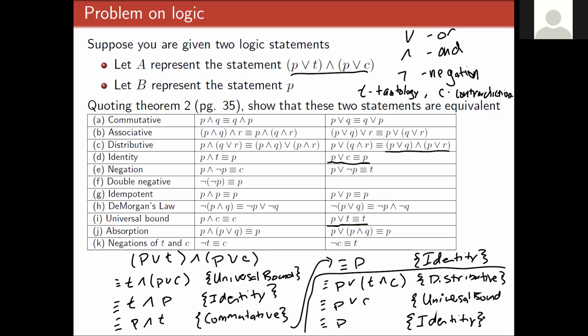So for a lot of these logic problems, there's definitely multiple ways that you can go about solving them. And this would be a perfectly valid way to solve this problem as well, starting with distributive. And then somebody asks, so do we have to get the correct order? Yeah, when we're applying commutative and applying these rules, we need to make sure that they're all in the same order.